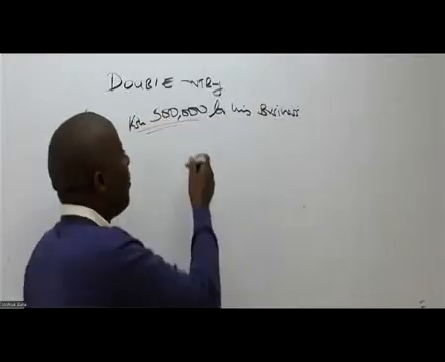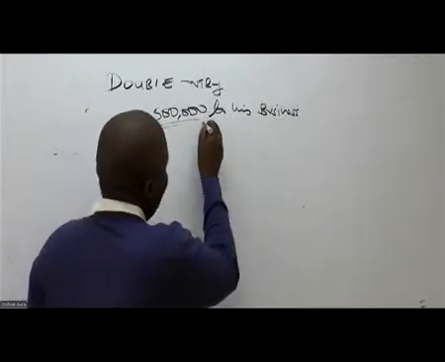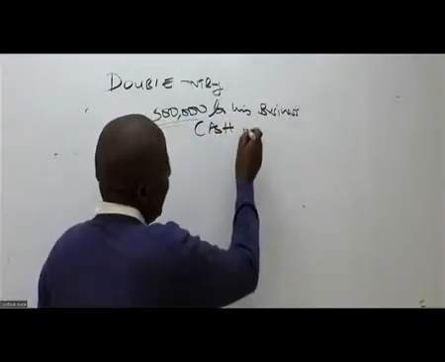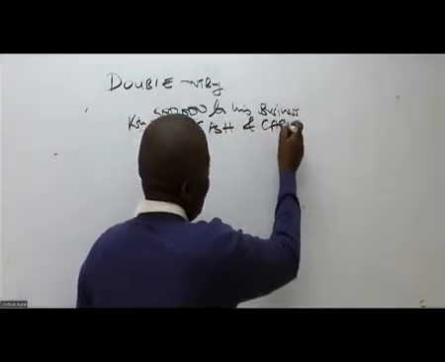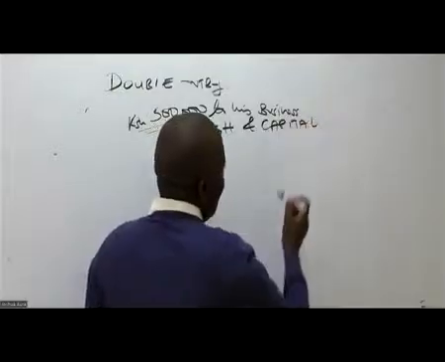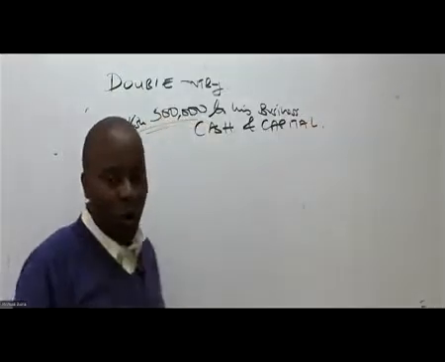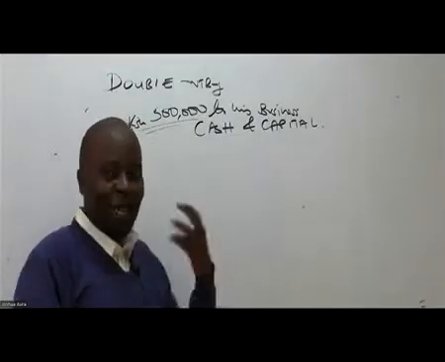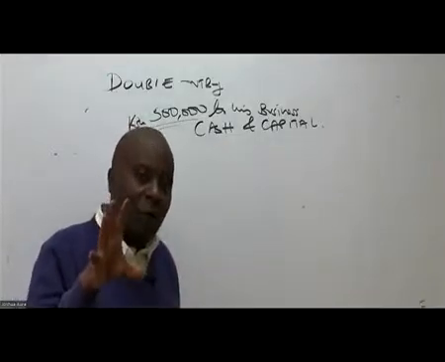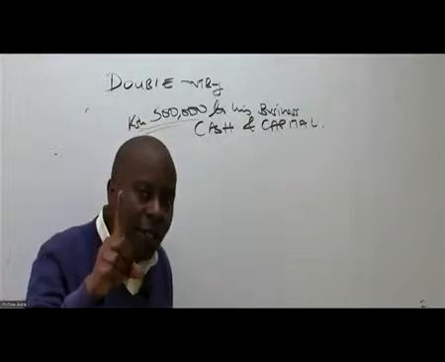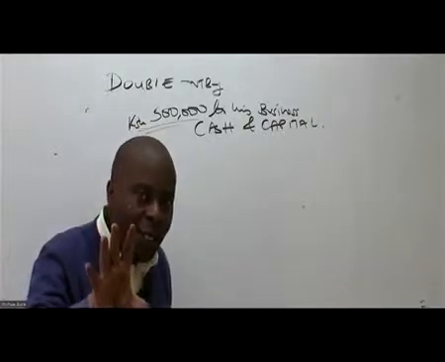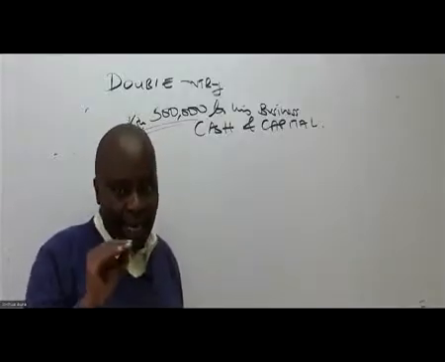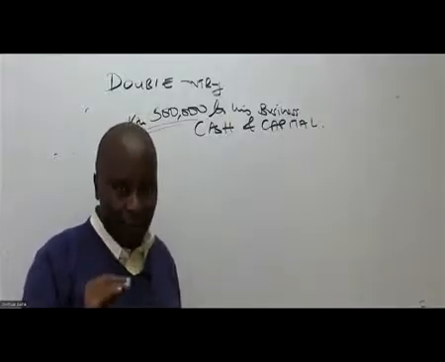I can see two accounts being affected: cash, and then of course the concept of capital. Now cash is a company's asset. Cash is an asset, a current asset for that matter.